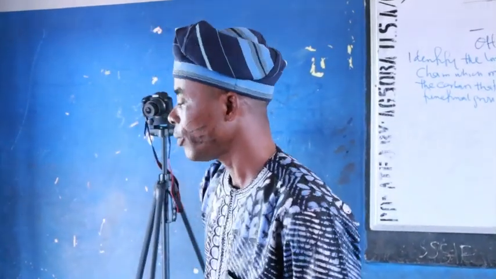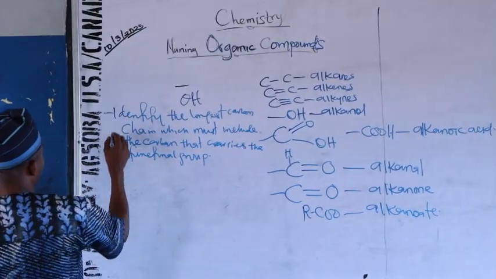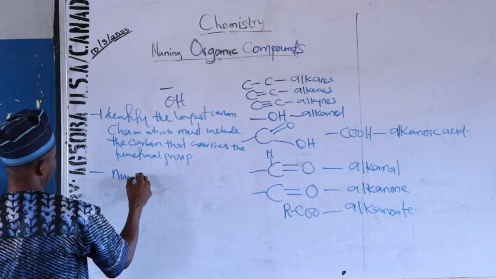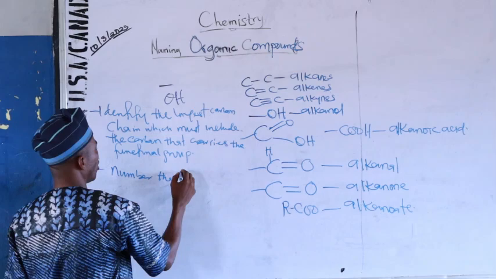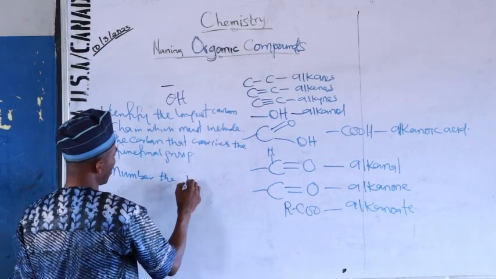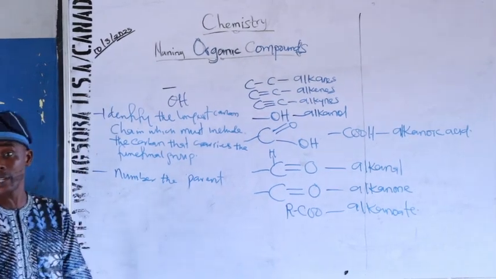Once that is done, you number the longest chain, which we call the parent chain. That longest chain that you have identified is called the parent chain.